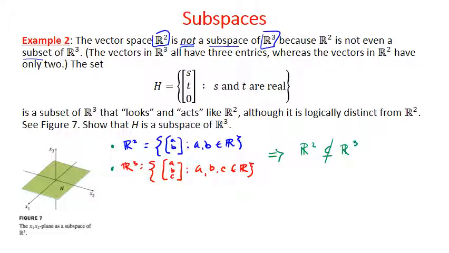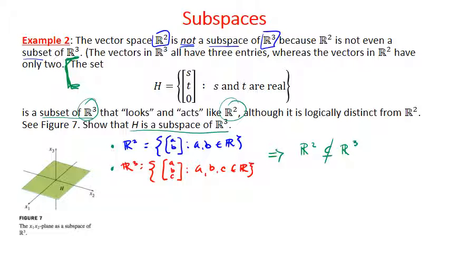So going on now, and again, you may need to wrap your head around that because it's pretty abstract. We go on, and the set H is given by this vector here such that S and T are real. It is a subset of R3 that looks and acts like R2. However, it is different than R2. So what we want to do is show that H is in fact a subspace of R3.